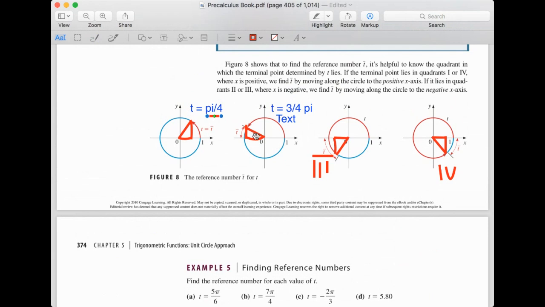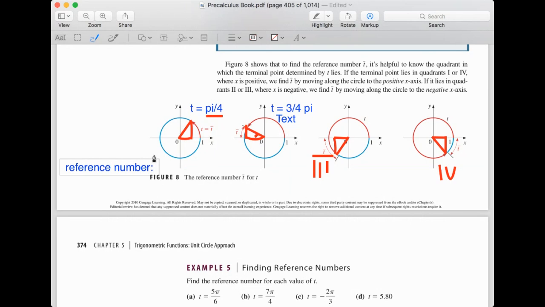Those two angles add up to 180. That's this angle, formed by the x-axis and this coterminal line. So let's write here the reference number.